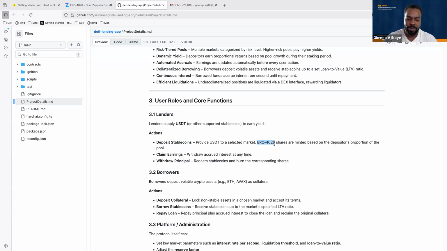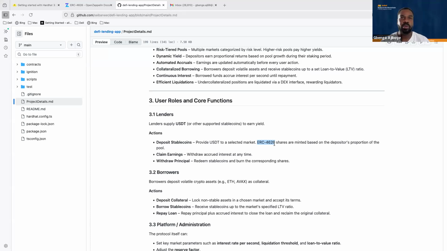At that time, Ibrahim is the sole person in the pool, so Ibrahim's share of the pool is 100%. So we mean 100 shares to him, because his shares account for 100%.